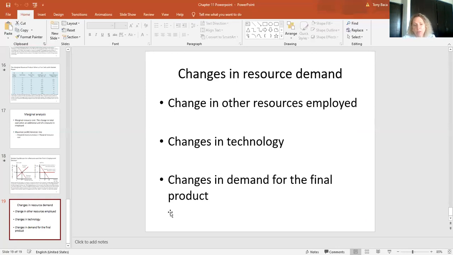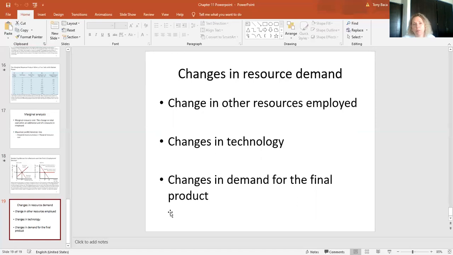And the last one, because of that derived demand concept, if no one is demanding the final goods and services that these resources go into producing, then we don't need the resource anymore. Or vice versa, right? If demand really picks up for a product, then we might need to employ more resources.